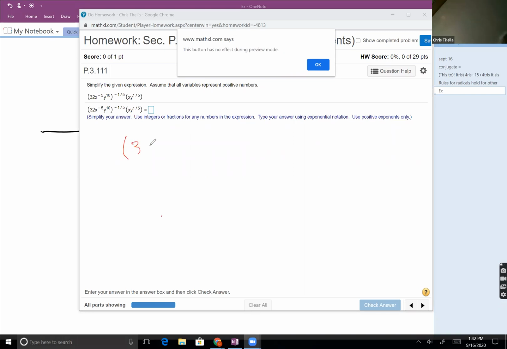You had 32x to the negative 5, y to the 10, all to the negative 1/5, times xy to the 1/5. Yikes. Power to a power. I'm going to take everything inside the parentheses and raise it to the power.